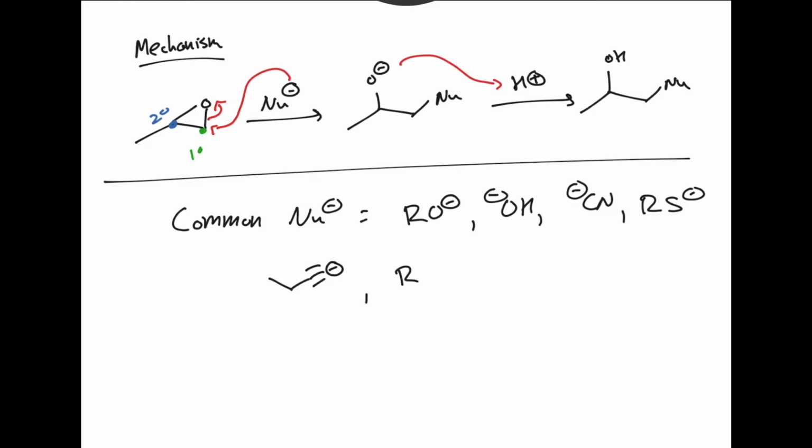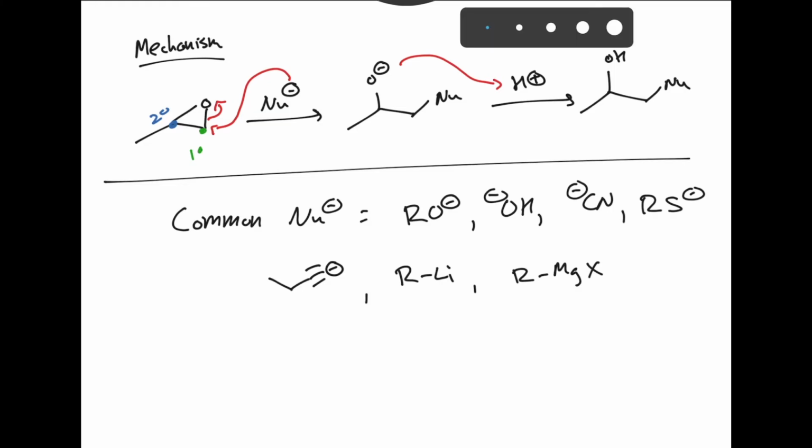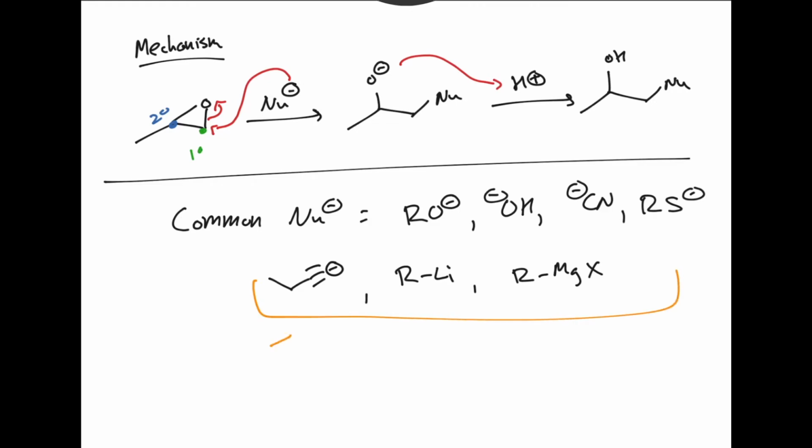Some organolithiums will work, and some Grignards will work. They all end up being O minuses. These are what you would expect: the strong, charged nucleophiles that you would get from a normal SN2 reaction.